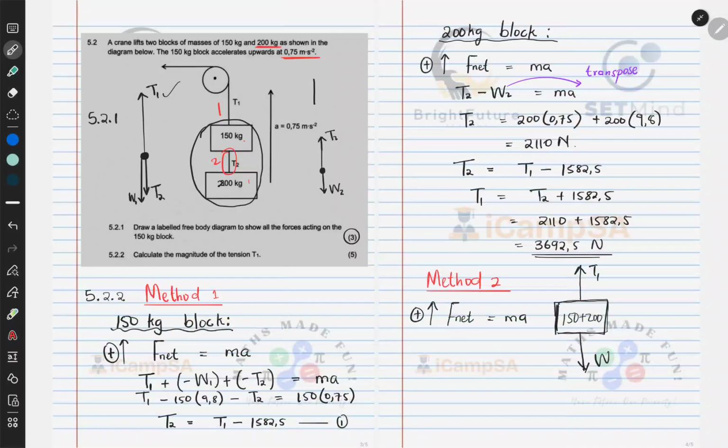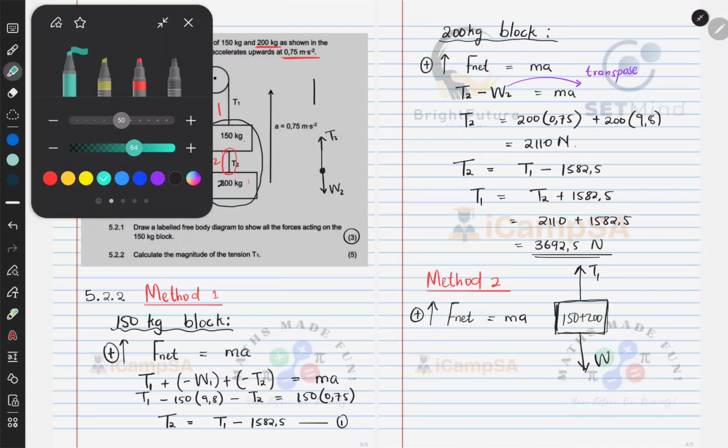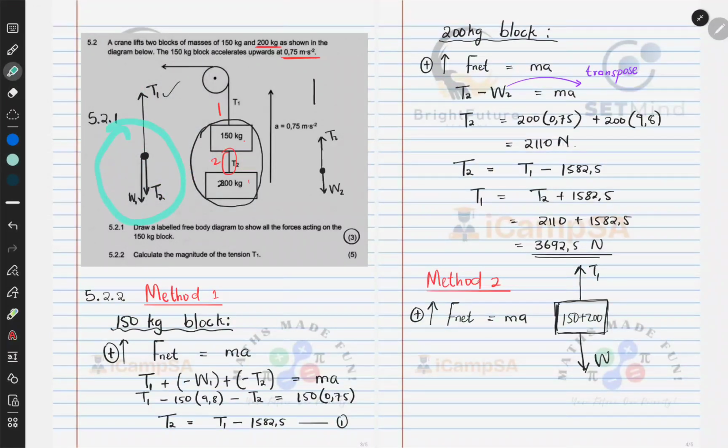I have this one, and then I have this one. If I combine them, the T2s will cancel because they are in opposite directions, and we'll only be left with weight 1, weight 2 and only T1. So mathematically that's allowed, and it's why we're doing it here.